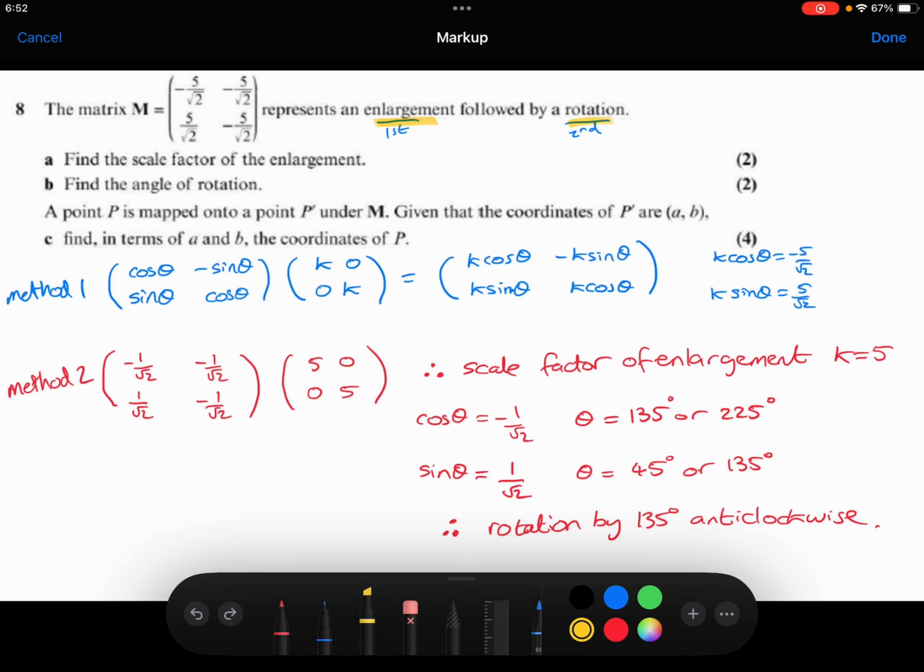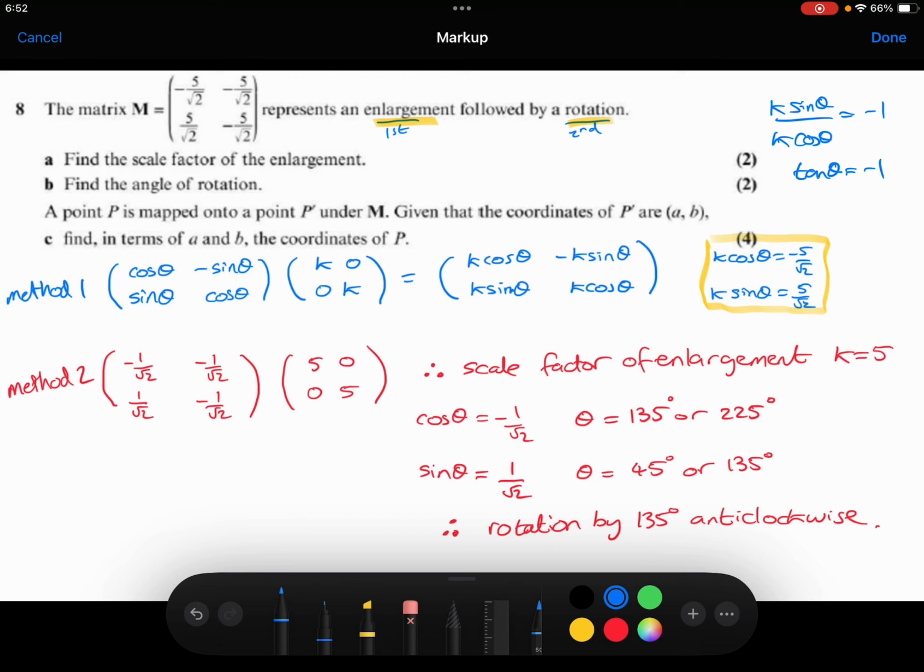And I could then solve these two equations simultaneously by dividing them. So I could do the bottom divide by the top. The k's would cancel out, and this is going to allow me to work out what tan theta could be. And then I'll need to substitute back to work out k and so on.